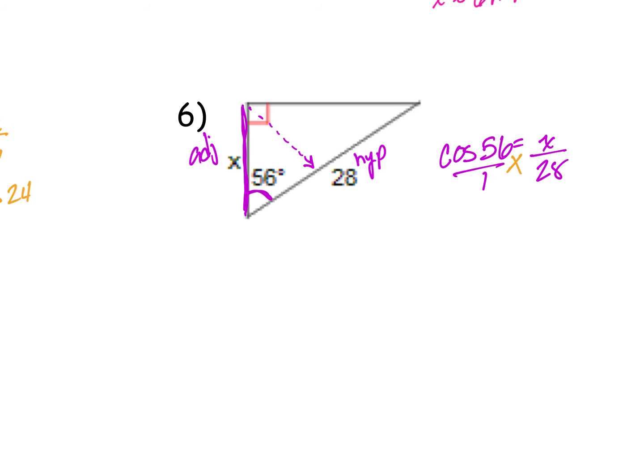Cross multiply, and I get x equals 28 cosine of 56, which is 15.7.